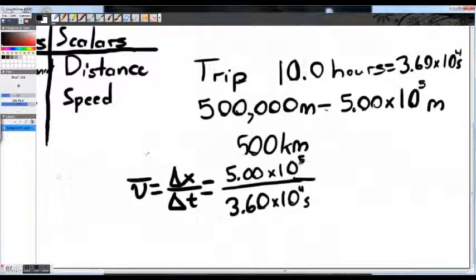Our answer will be in meters per second. So 500,000 divided by 36,000. Okay, well, their average velocity with 3 significant figures is going to be 13.9 meters per second.